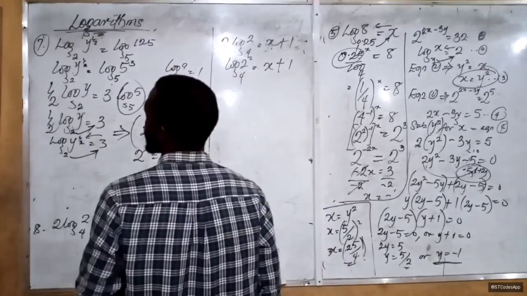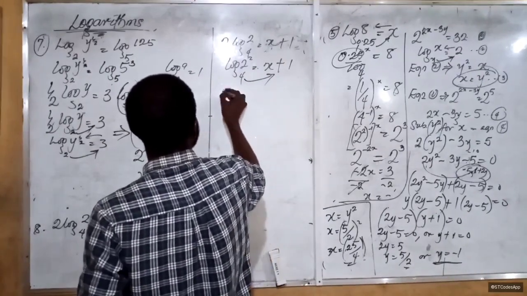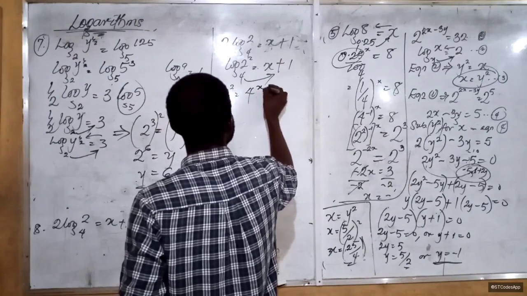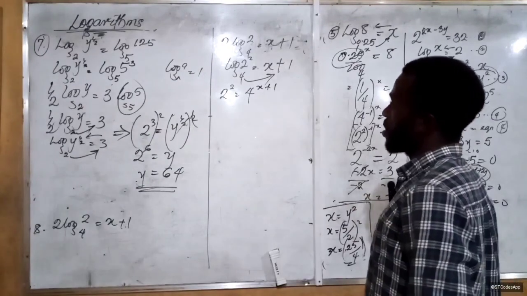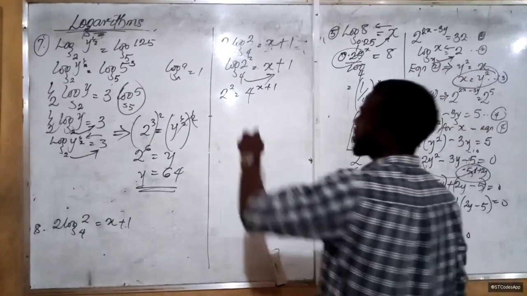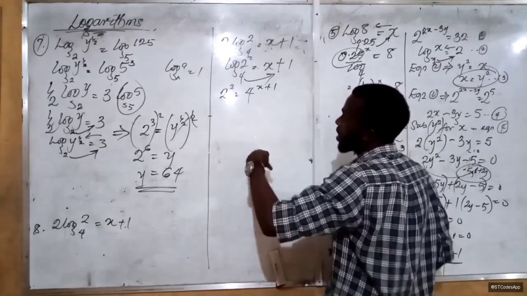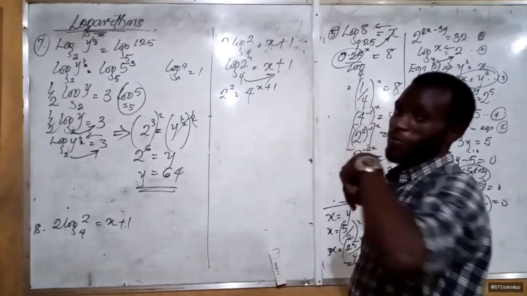Let's do it for this guy to kick this guy first. If this guy kicks this guy, we're going to have 2 squared is equal to 4 raised to power x plus 1.